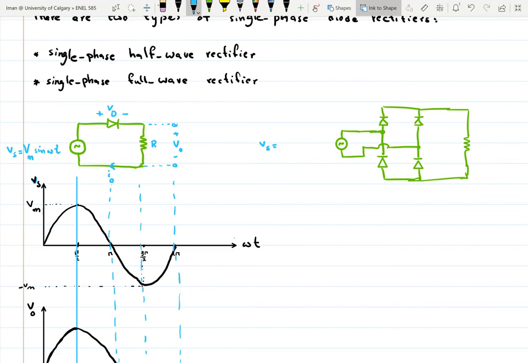Okay, so Vs again is equal to Vm sine of omega t, and so this would be I out, this would be R, this would be V out.